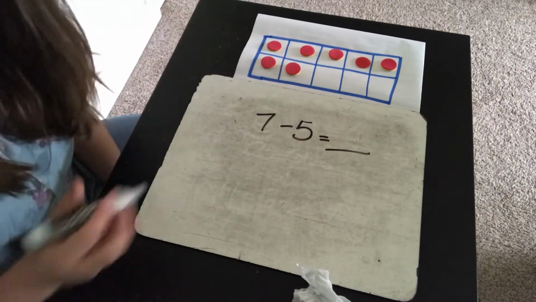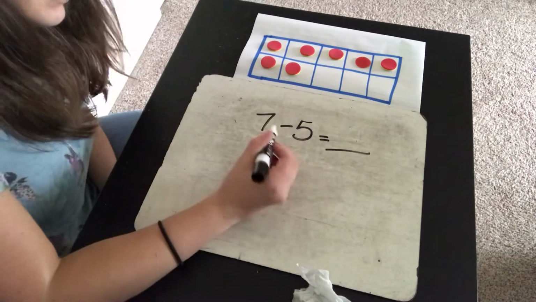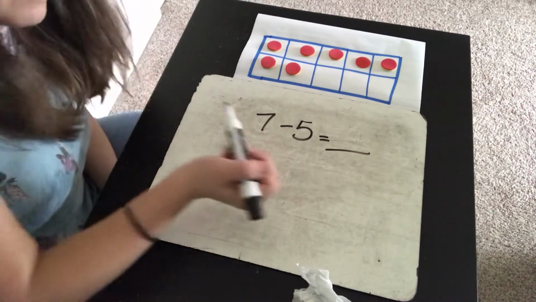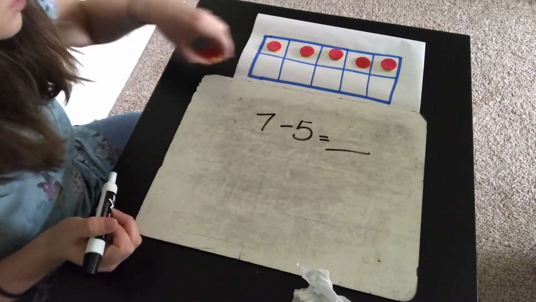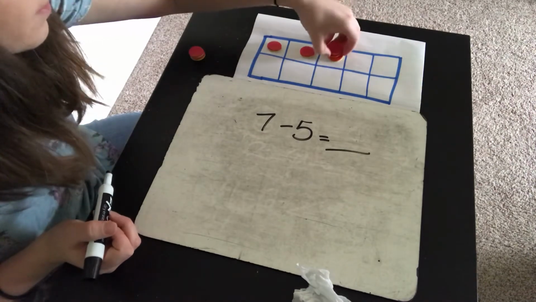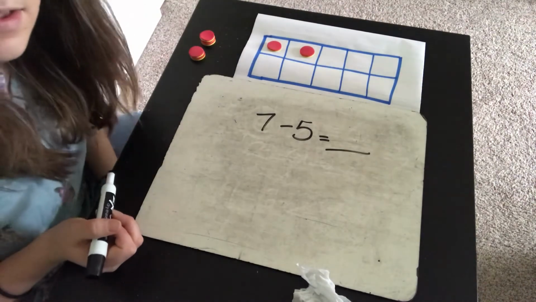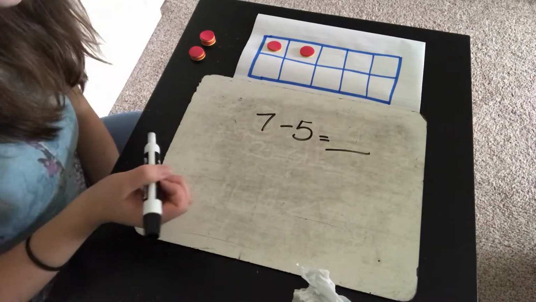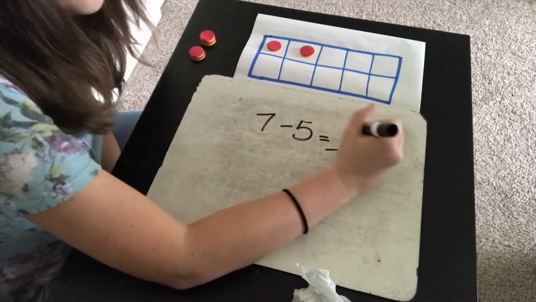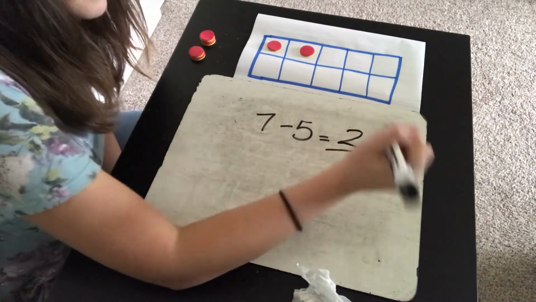Okay, so we have begun with 7 up here, and then I need to take away 5. So 1, 2, 3, 4, 5. What's the difference of 7 and 5? 2. 7 minus 5 equals 2.